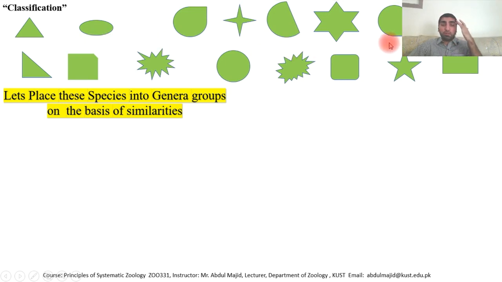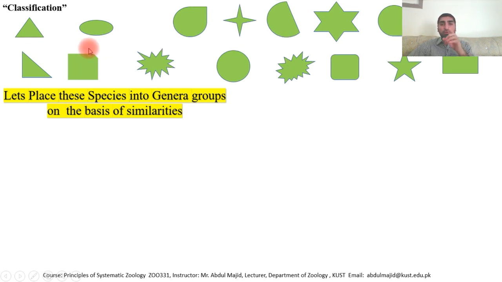So based on logical classification or logical discussion, when we look at these structures, the first thing that comes into our mind is the differences in them, and then certain similarities inside them. So for example, if I give you the task to just go and classify or place these structures into groups, how will you group them?